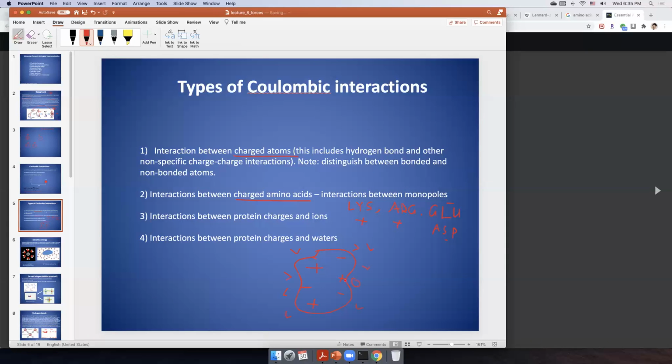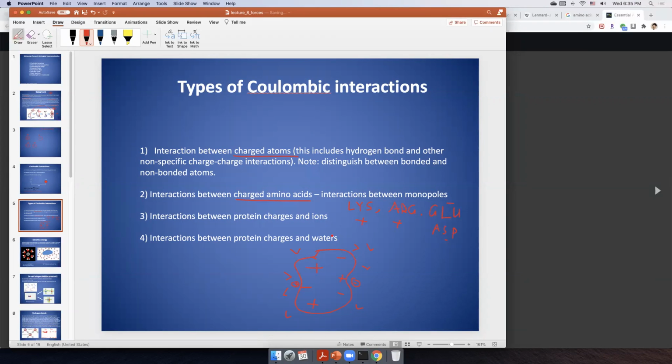So most probably, if here in protein it's positive, in your simulation, you may see some negative ions, which has been attracted by the positive charge of the protein. And here it might have some positive charge. So that's interaction between protein charges and ions, and also between protein charges and waters.